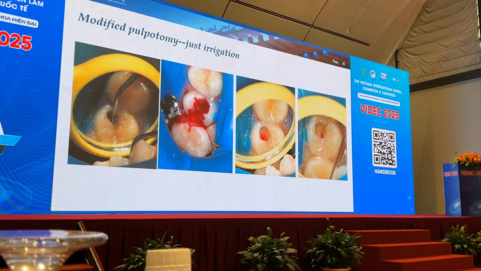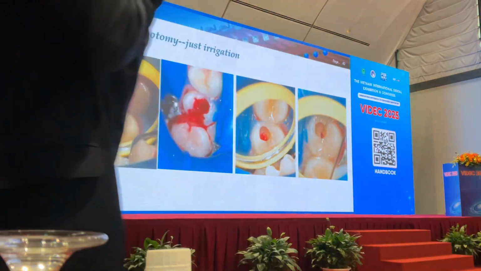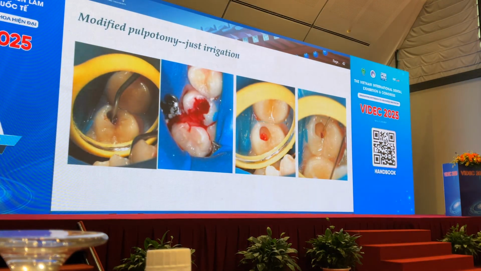Just like the picture shows, after all the lesion tissue is removed and the pulp exposed, no matter where the vital pulp tissue is located, just leave it alone. What we do is just irrigation. No vital pulp tissue removed.